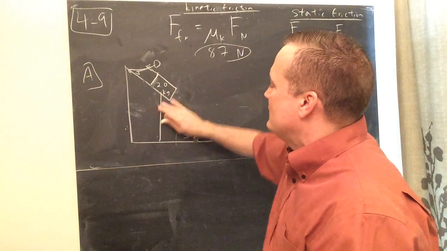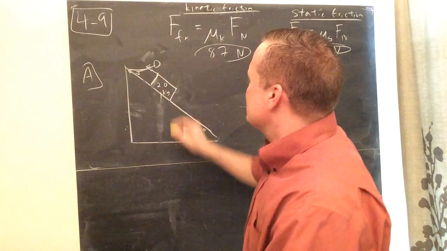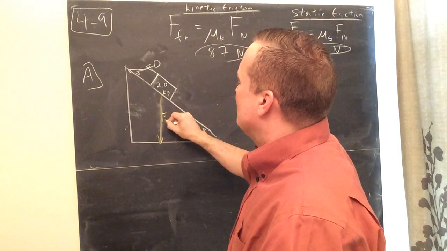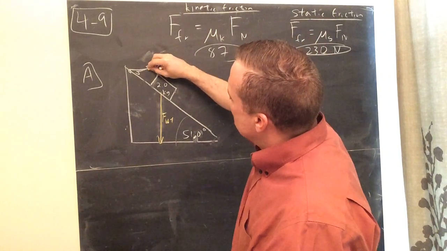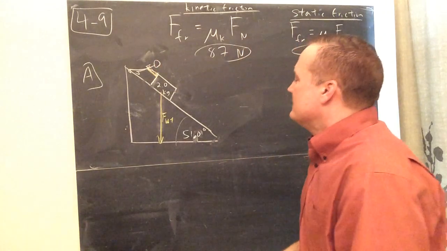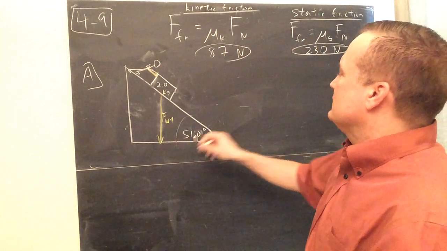Number 1, let's find the weight of the box. We know that the weight is pulling downward. We know that he is pushing it with a force this way. He didn't say what force he's pushing it with. But anyway, the weight is pulling down.